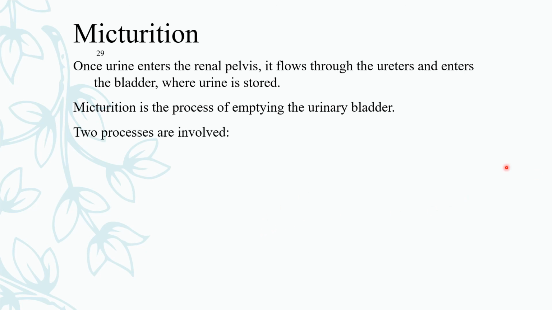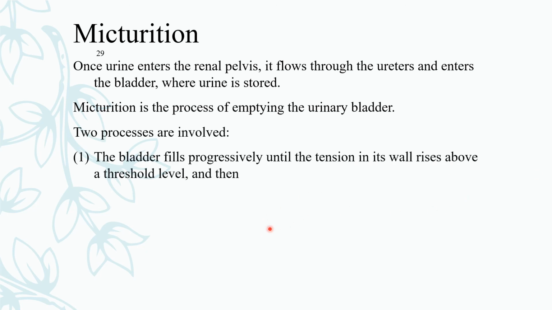Okay, two things. Number one, that bladder will progressively fill until the tension in its walls rise above a threshold level. Again, if you remember back to our tissues unit so long ago, it seems like, you would remember that the lining of the bladder is made up of this transitional epithelium. So it's kind of stretchy, right?